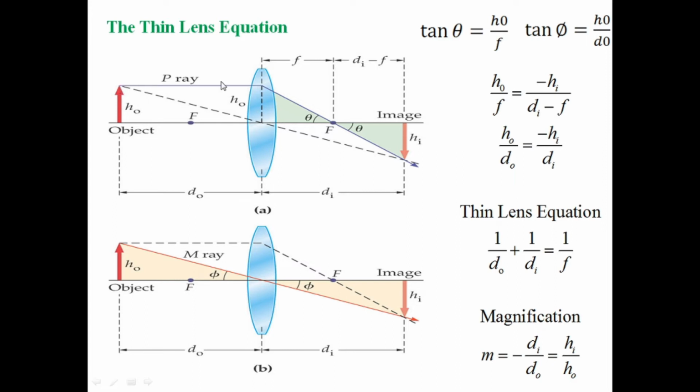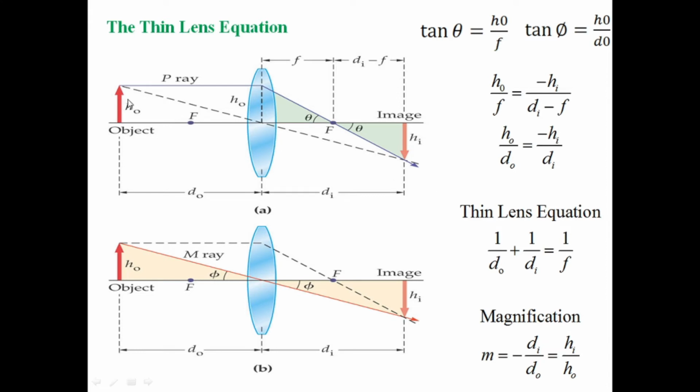We call this ray the P ray, and because it is some kind of a convex thin lens, this ray will bend and pass through the focal point F, which is behind the lens, and strike the image plane at this point. There is also one ray that passes through the pinhole or the aperture of your lens, and it strikes the image plane here. So we have two rays.